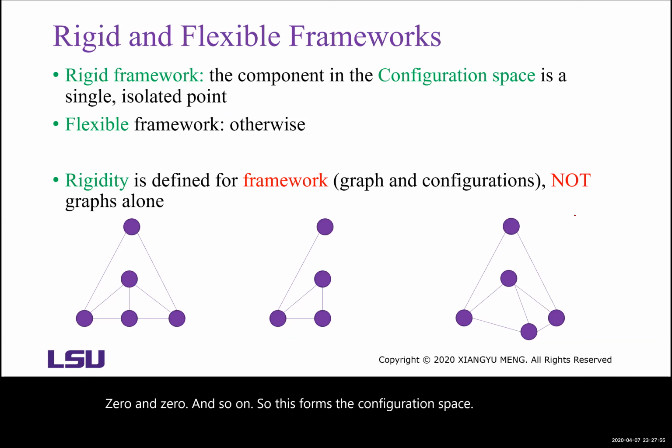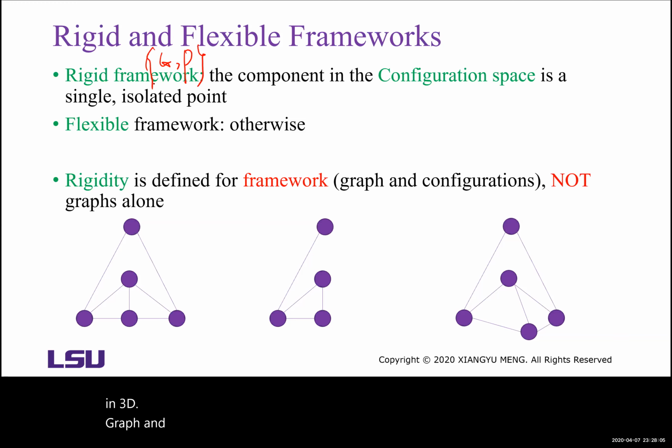So we call the framework rigid if the graph and the realization in the configuration space is a single isolated point. That's the example I gave to you.